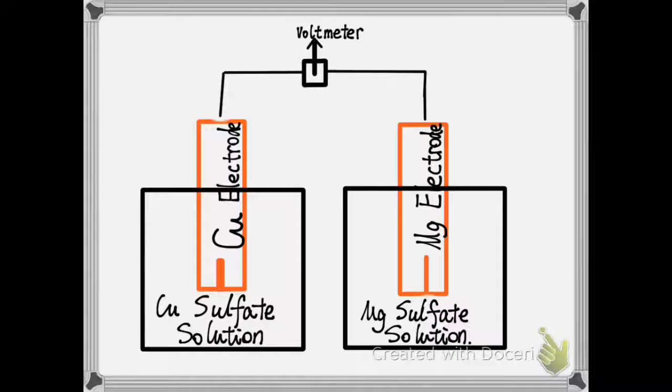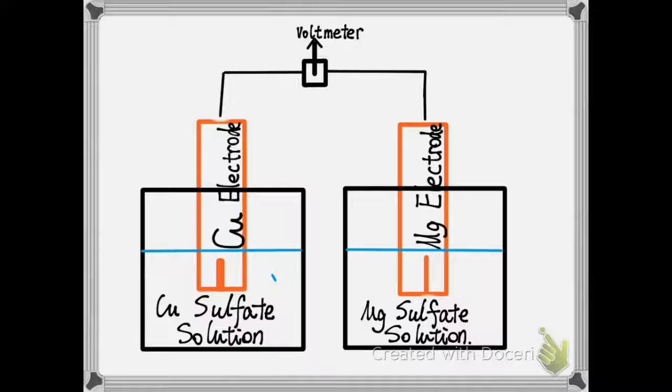A voltmeter is an instrument for measuring the electric potential in volts. Then, the under part of it is our solution.